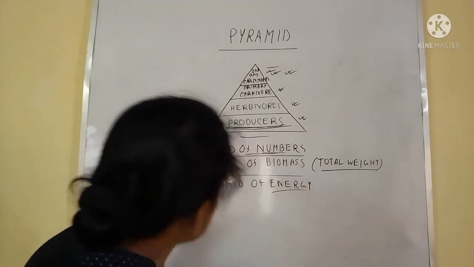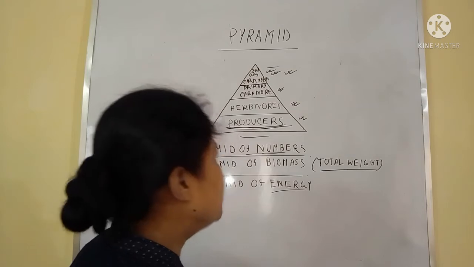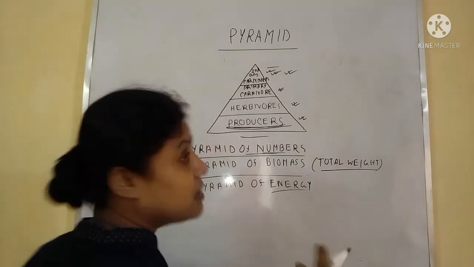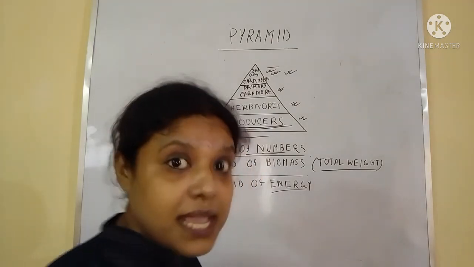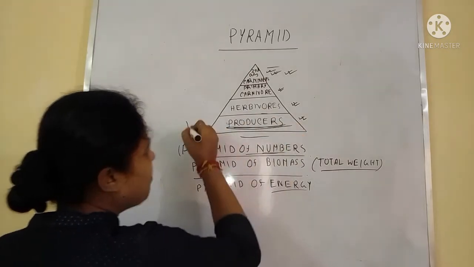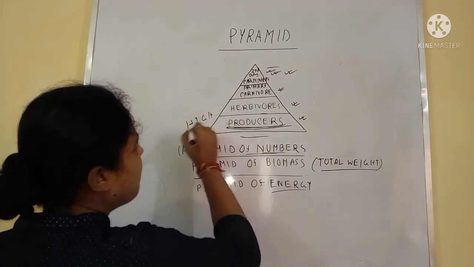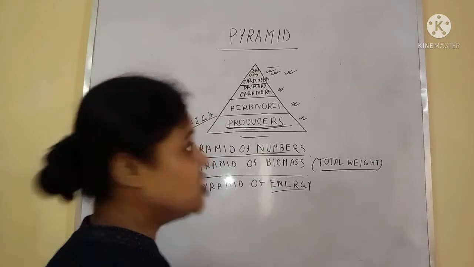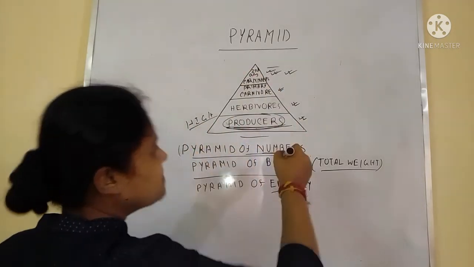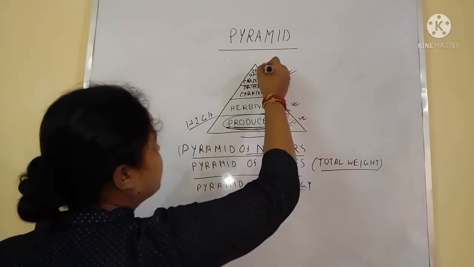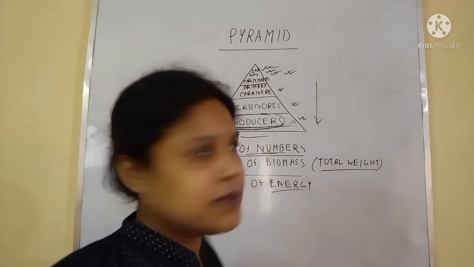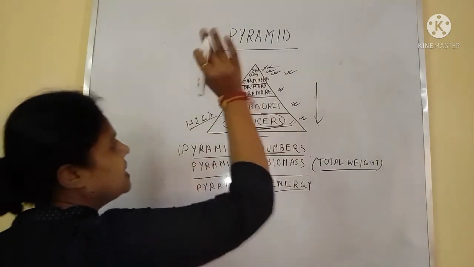Okay. Third one, the pyramid of energy. And you can see here the same pyramidal structure is formed. That means the producer produces a high amount of energy, maximum energy is produced by the producer, and when this energy transfers from the base to the tip, the level decreases.